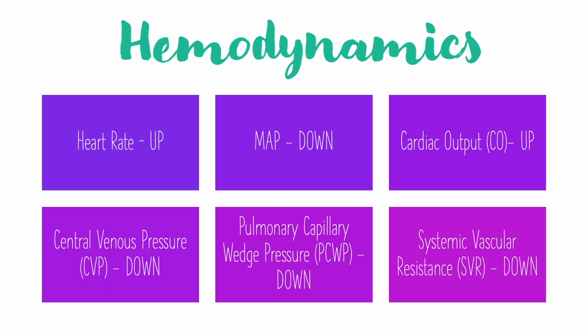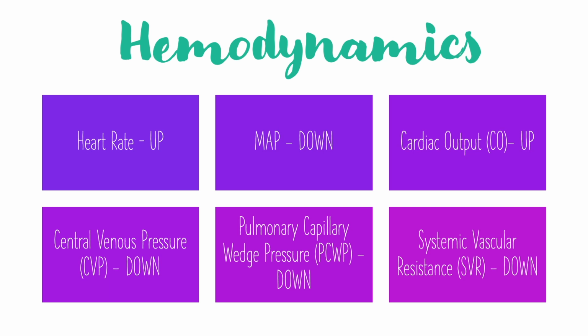Now, pulmonary capillary wedge pressure is also down in this instance, as there is a systemic vasodilation and fluid is not being transported to the heart promptly. As a result, there is a decreased amount of fluid within the heart, and specifically within the pulmonary artery, there is also vasodilatory effects present, which is why a decrease in pulmonary capillary wedge pressure is important or examined.